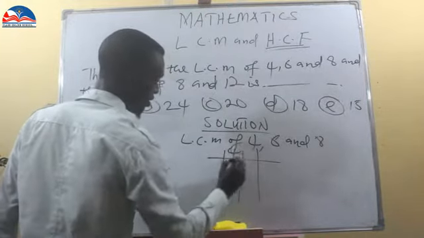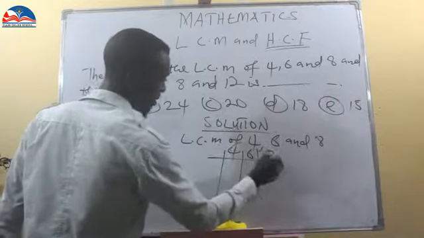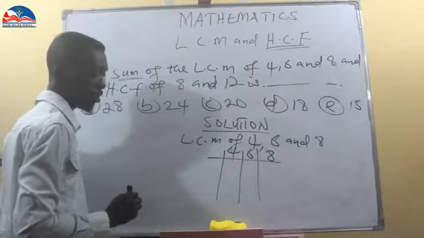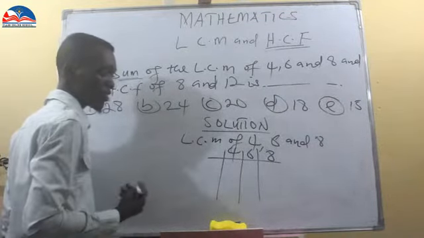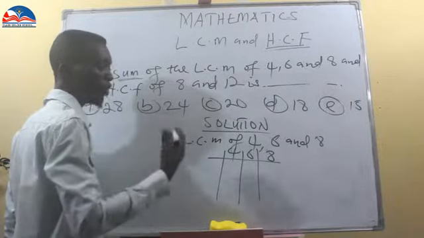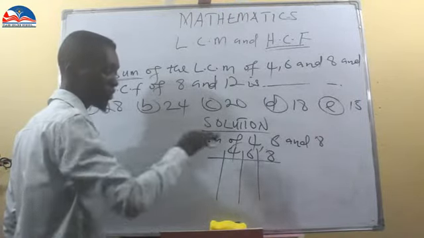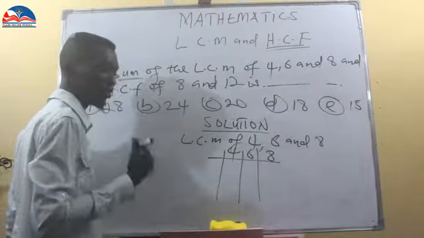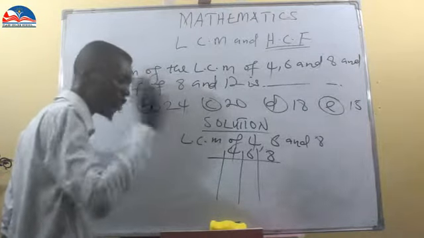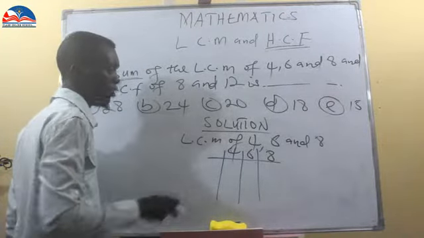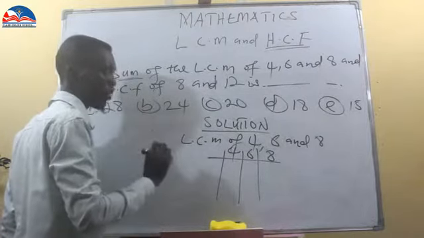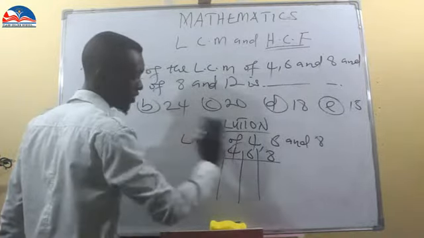You have 4, you have 6, you have 8. What is the lowest number you can use to divide these numbers? Can 2 divide any of these numbers? Yes, 2 can divide almost all 3 numbers.